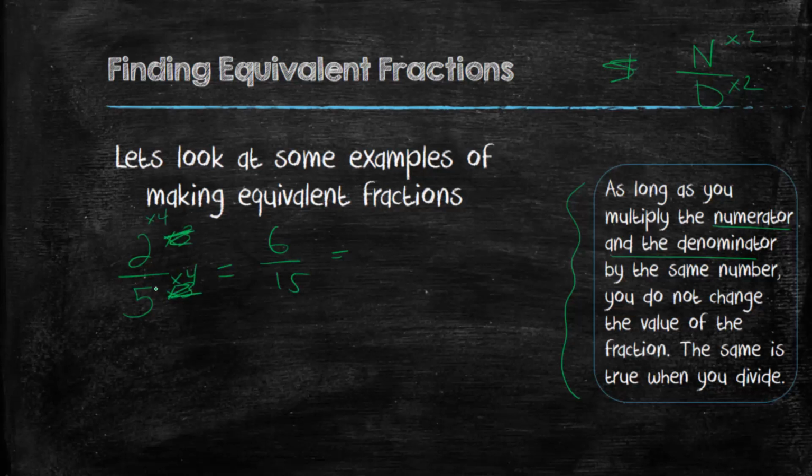So if we were to multiply both by 4, so 2 times 4 is 8, and 5 times 4 is 20. So another equivalent fraction is 8 over 20. You could imagine I could make an infinite amount of equivalent fractions. I could multiply this by 5, right? And 2 times 5 is 10, and 5 times 5 is 25. Well, 10 over 25 is an equivalent fraction of 2 over 5. So these are all equivalent fractions.